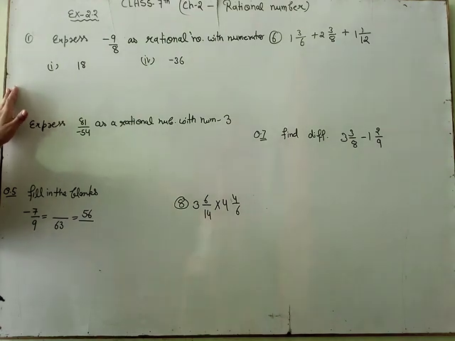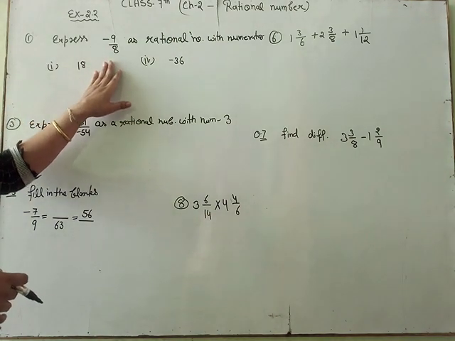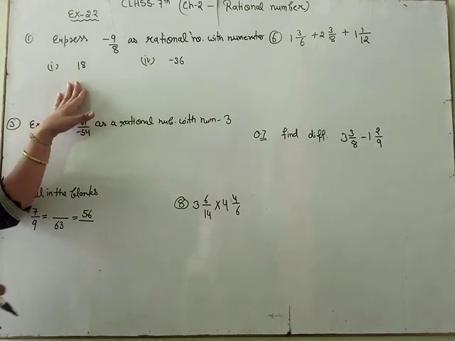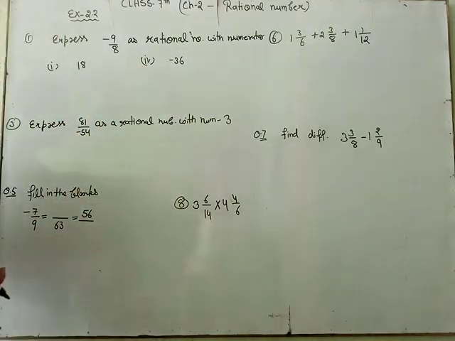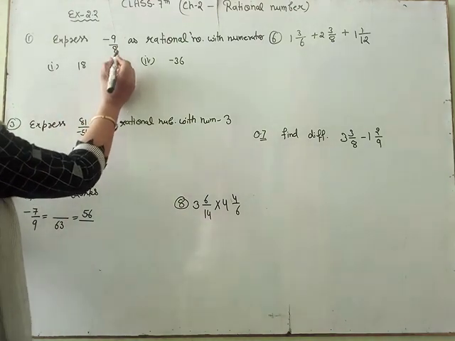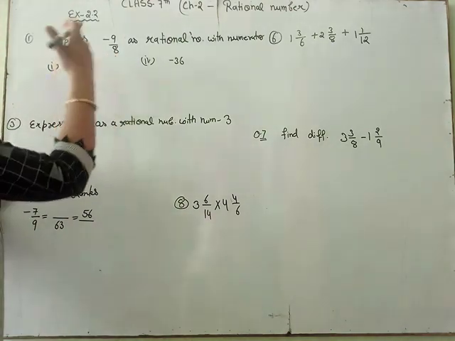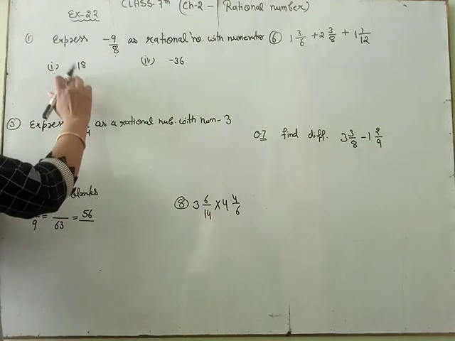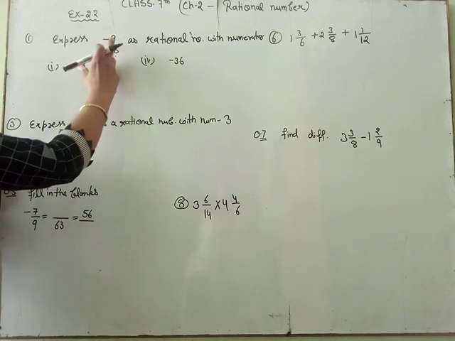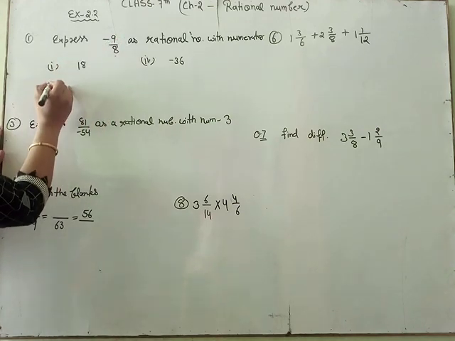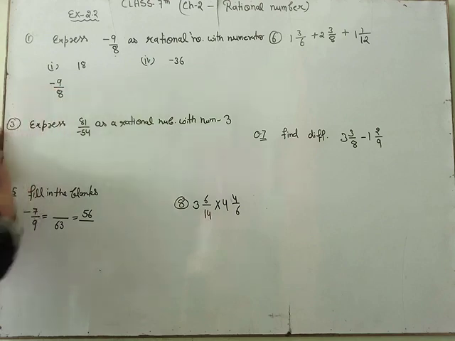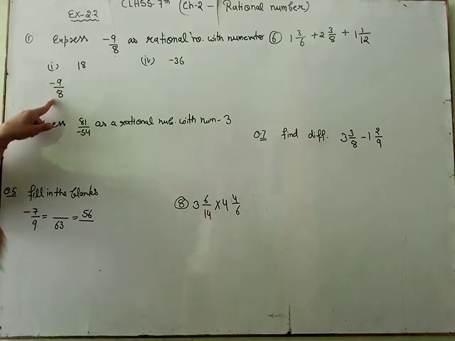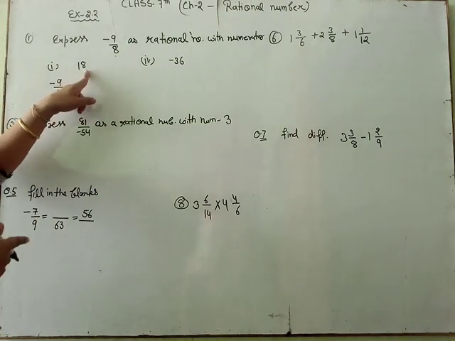Question number one: express minus 9 by 8 as a rational number with numerator 18 in the first part and minus 36 in the fourth part. Minus 9 by 8 is the given rational number. We express it as a rational number with numerator 18.